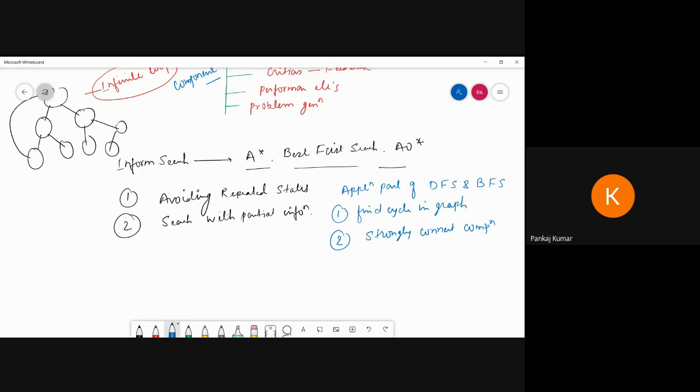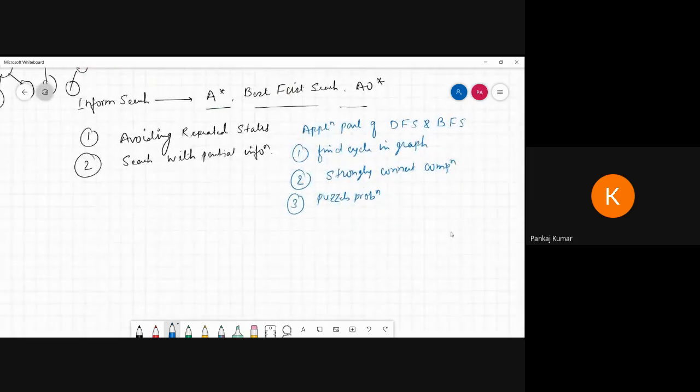These are the applications of DFS. The third one is puzzle solving problems, which we can solve through DFS, like the 8-puzzle problem. The fourth one is finding the cycle. And for BFS, I'm talking about DFS here.